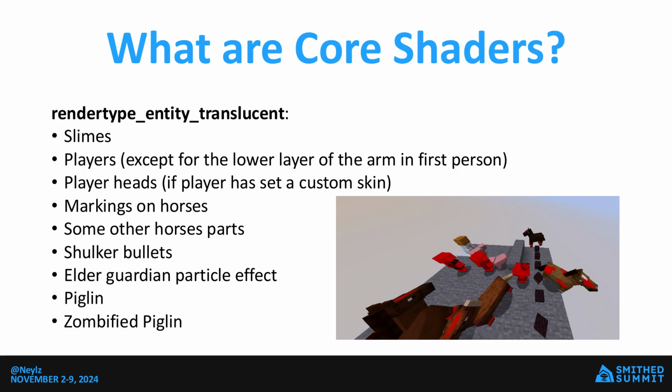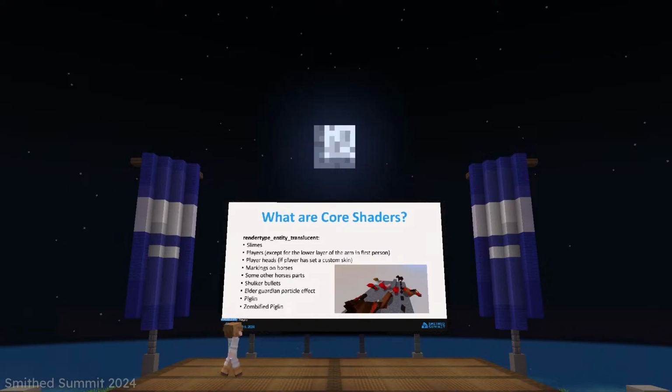Here we have the example of render type entity translucent, which is one type of core shader. For this core shader, you have the vertex shader and the fragment shader, which work together to render the image. As you can see, this image comes from the Vanilla Shaders wiki. It illustrates well that it's just a texture painted in red in the fragment shader of the render type entity translucent.